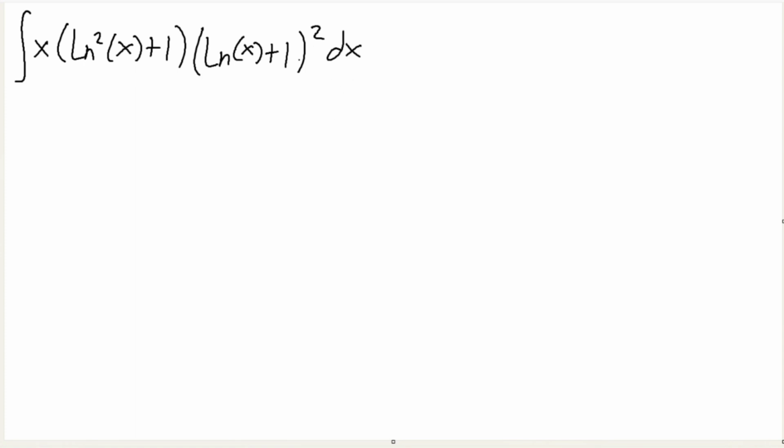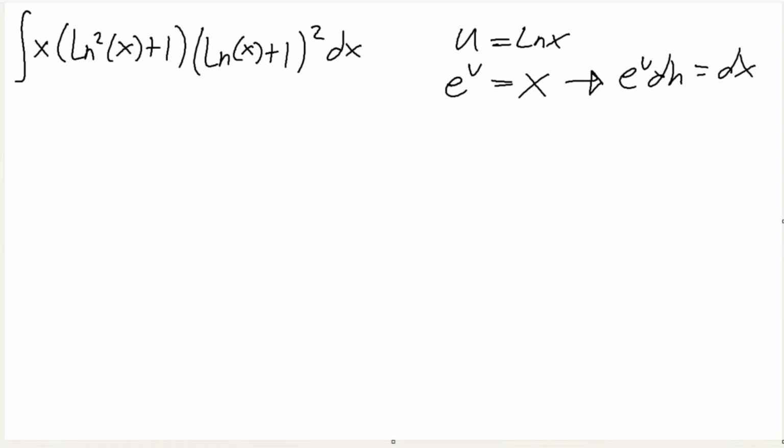So with that tip aside, as a beginner or intermediate, it would be understandable if you let u equal ln of x, because there's so many ln of x everywhere. I'm more comfortable with e to the u. That is totally okay. In fact, I would actually support this because it is a lot easier to see.